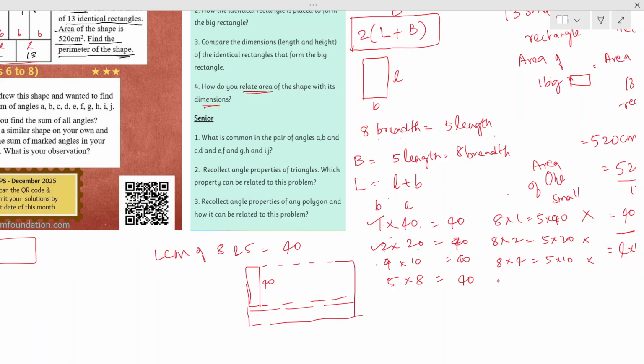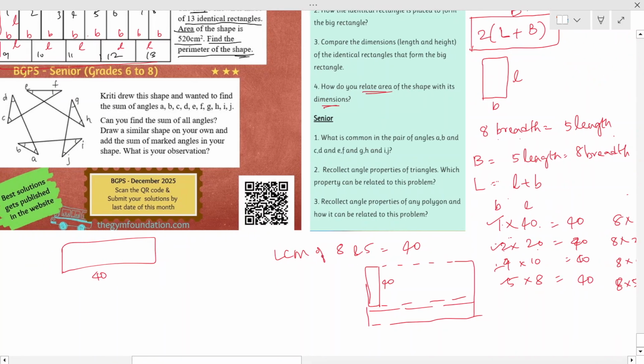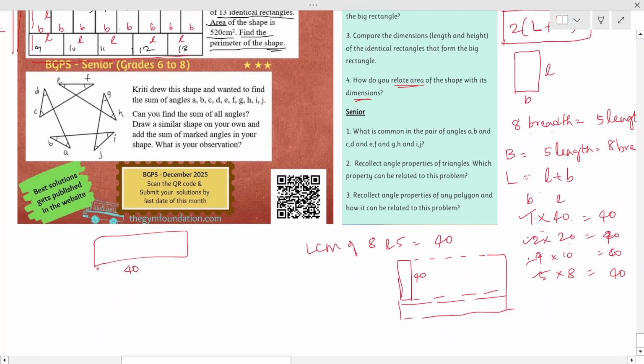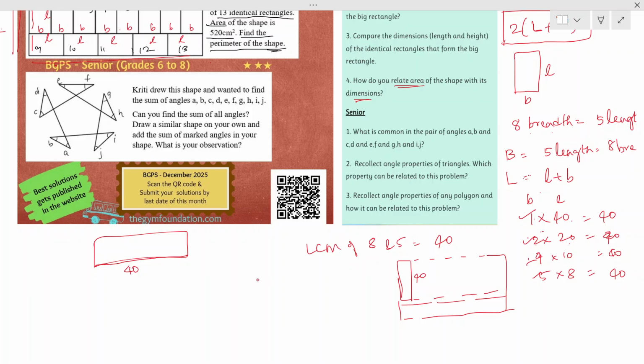And then let's come to the next one. 8 times 5. 8 times 5 is 5 times 8. Oh yeah, this works. So then you can also say that the breadth of this entire big rectangle is 40. Right, so you have already found that the L is 8 and the B is 5.